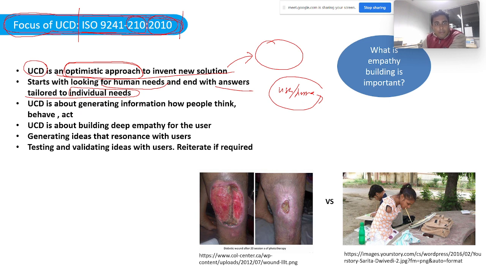Now UCD is about generating information about how people think, behave and act. Now see the complexity of the data. Thinking is a mental, cognitive operation. Behave is probably the expression of face or body posture.